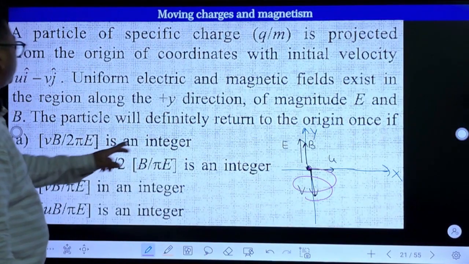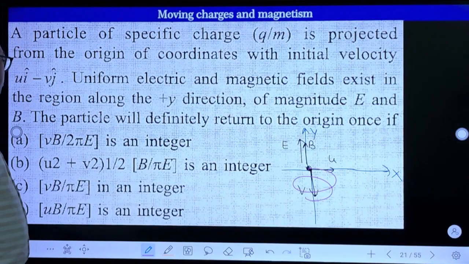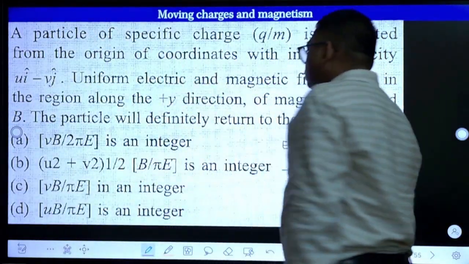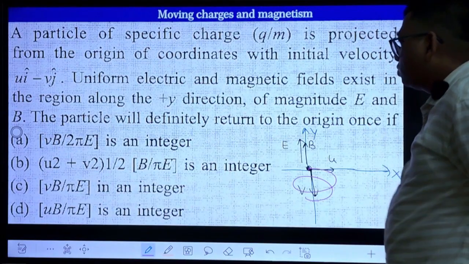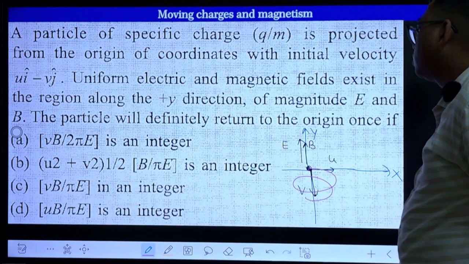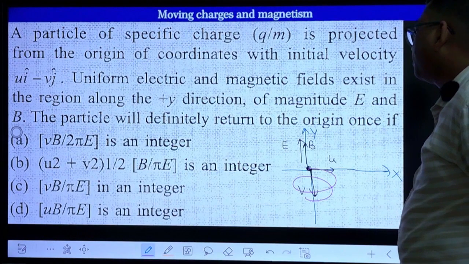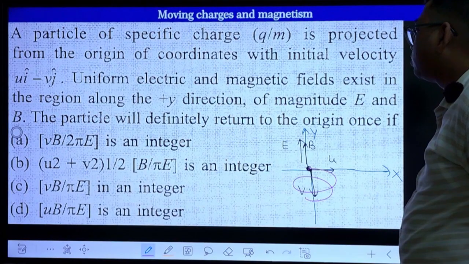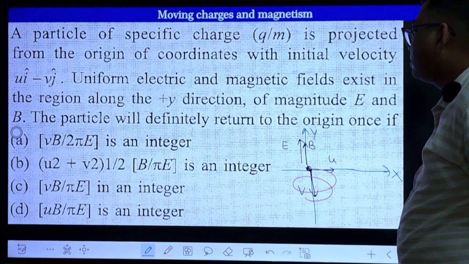The charged particle will definitely return to the origin once if this is an integer: (u square plus v square) to the half, times B, by pi E, is an integer.